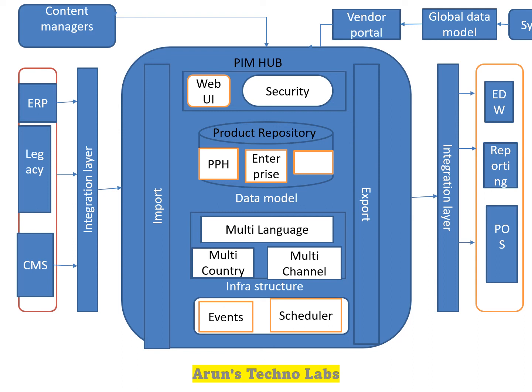If you see, the content manager will publish here. The content is published to the front end, and the web UI is an interface which business users can see, with all the relevant hierarchies, like the product owner hierarchy and the enterprise hierarchy. All the different hierarchies will store the data here and export into all the legacy systems.